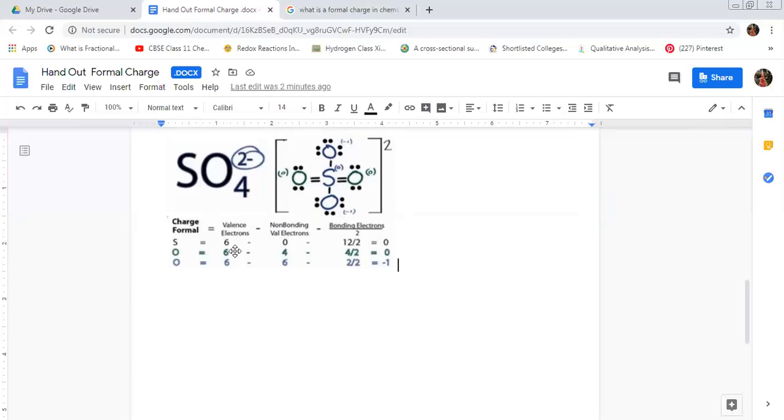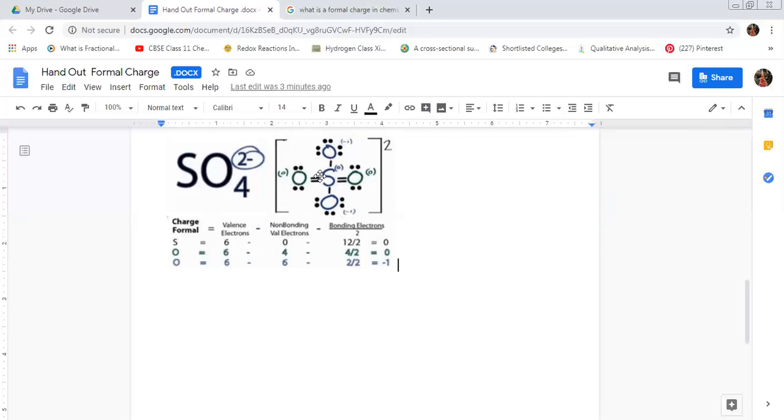Number of valence electrons, I'll write 6, minus non-bonding electrons. You can see electron pairs over here; these are non-bonding valence electrons. How many dots? 1, 2, 3, 4. So I'll write 4, minus half the number of bonding electrons, or directly minus the number of bonds formed by oxygen.